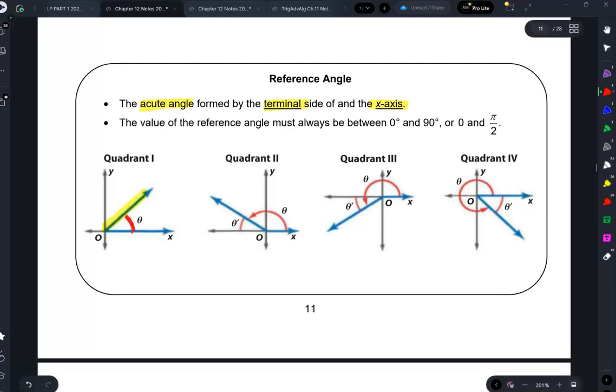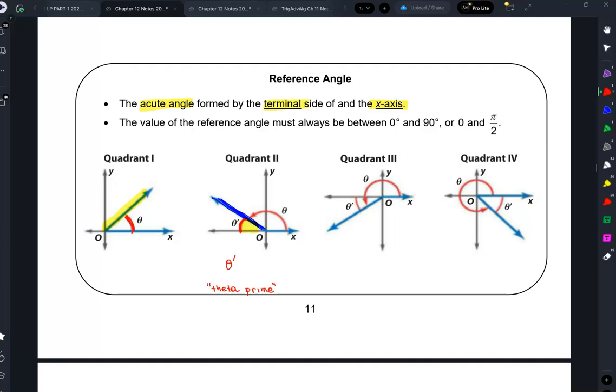If this is your angle, now here is your terminal side, right here. The acute angle, so the angle between the terminal side and the nearest x-axis, right there, that is your reference angle. Now reference angle, if angle is theta, reference angle is theta prime.